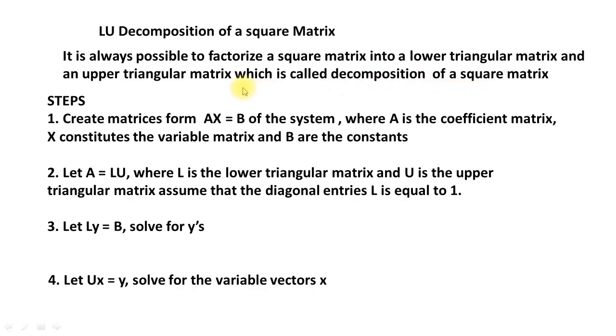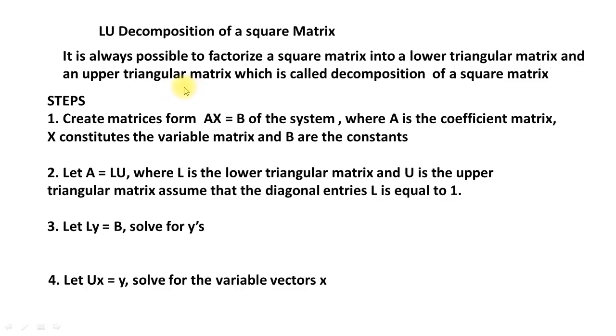To factorize a square matrix is called decomposition, and today we are going to factorize a square matrix into two matrices. One is the lower triangular matrix and the other is the upper triangular matrix.